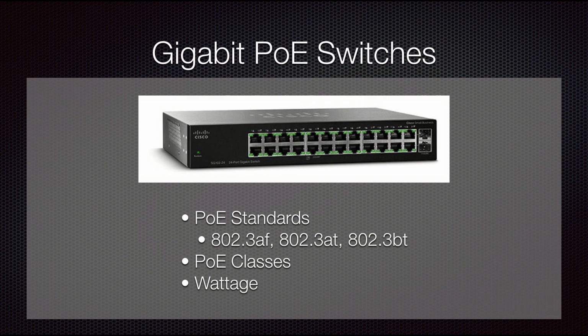There's 802.3af, there's 802.3at, which is newer, and then there's a brand new one that just came out this year called 802.3bt. You really don't need to worry about bt yet. It's just come out, and for the most part, we don't have any real use for it yet. But then there's also something called PoE classes, and you also need to know about wattage. So these are the areas that we're going to quickly go into.